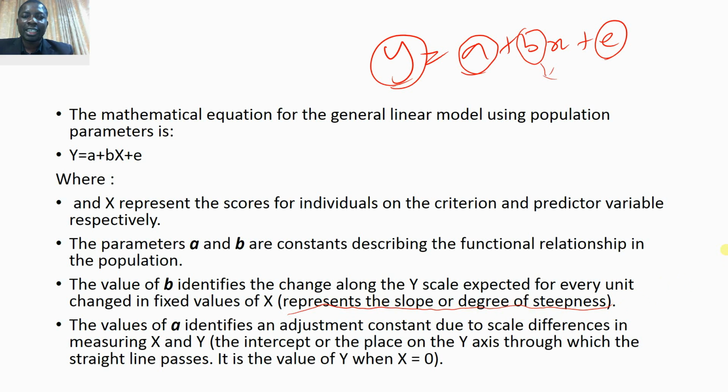The value of a identifies the adjustment constant due to scale differences in measuring x and y. So it is the intercept, or the place on the y-axis through which the straight line passes, and its value is the value of y when x is equal to 0. So that is the constant, and e is measuring most of the other determinants that we were unable to account for.